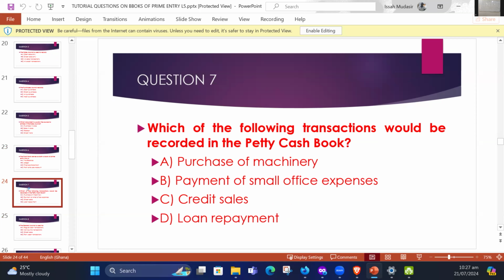Question 7. Class rep, write the name of the talkatives. All right. Question 7. Which of the following transactions will be recorded in the petty cash book? I ask this question. Your time starts now.